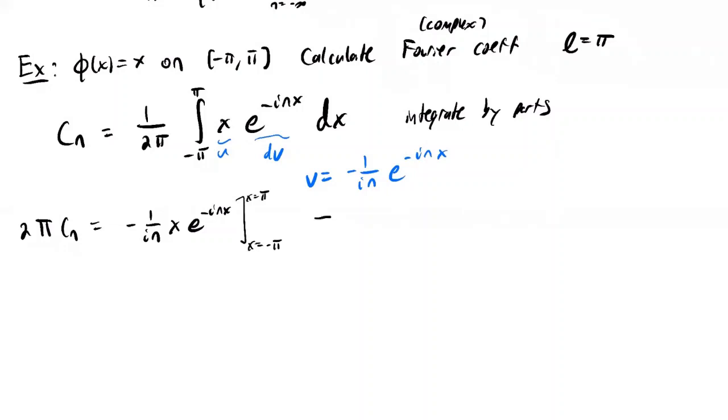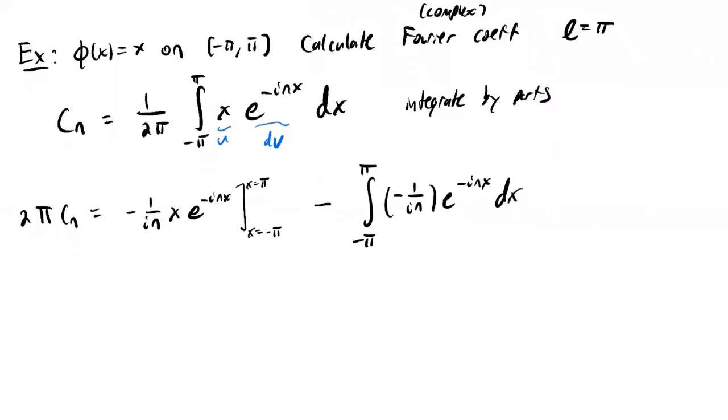And then I have minus the integral of u prime, or du, which is 1, times v. Right, and we're integrating between minus pi and pi. And so the minus signs will cancel, and then I can factor out this constant term, so this just becomes plus 1 over in.